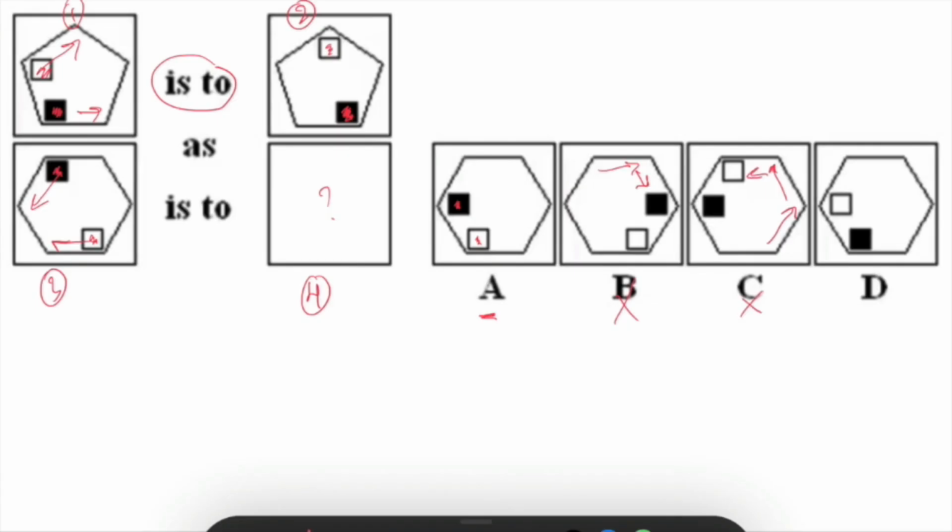That makes me opt out of choosing C. In D, the black square moved more than one movement, from here to there, then to there, so two movements. So I eliminate D. I will be left with A, which is the right answer.